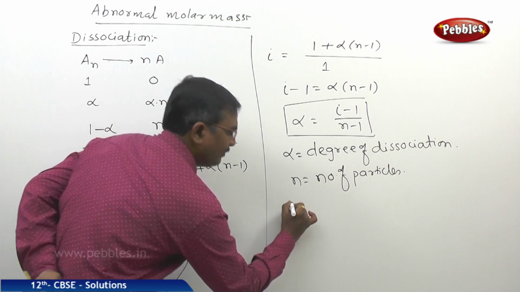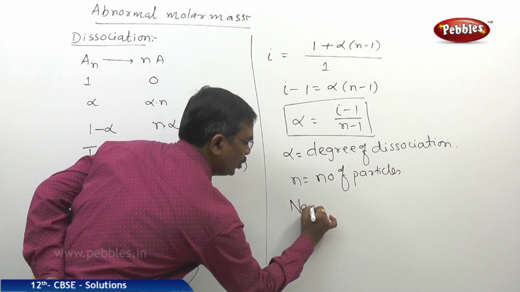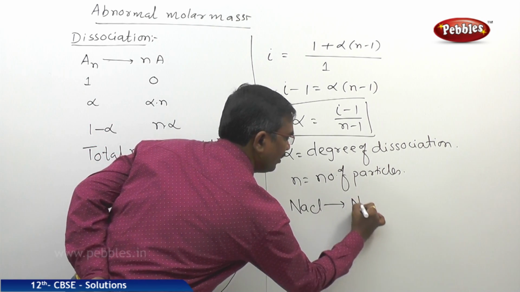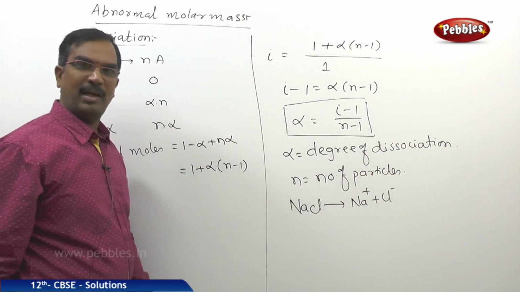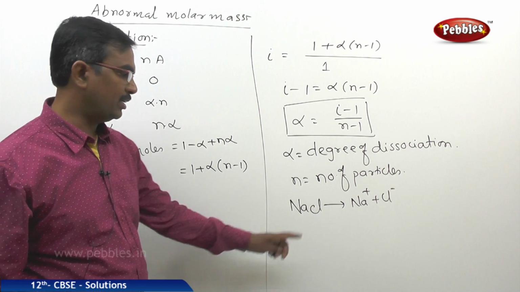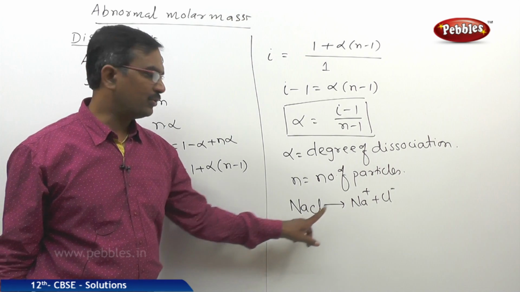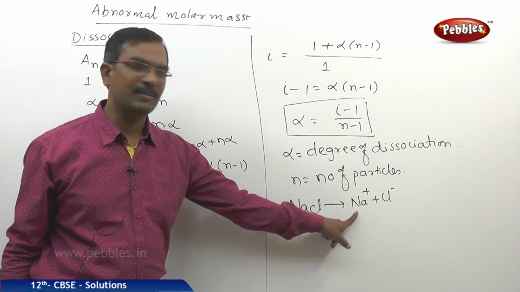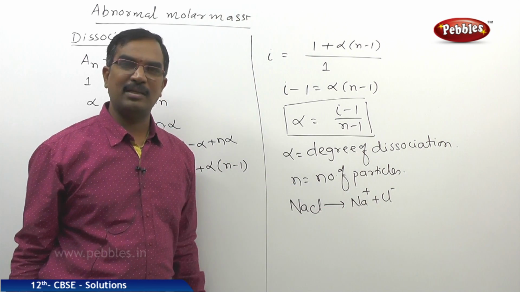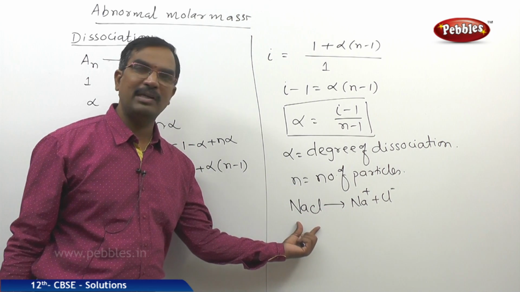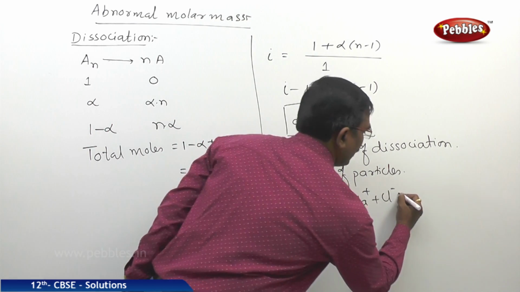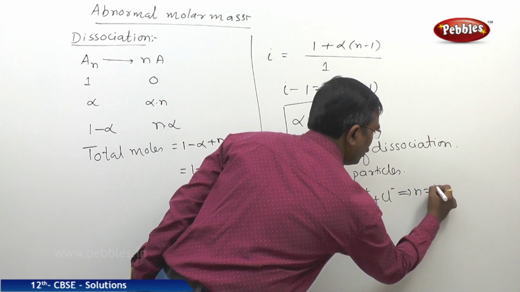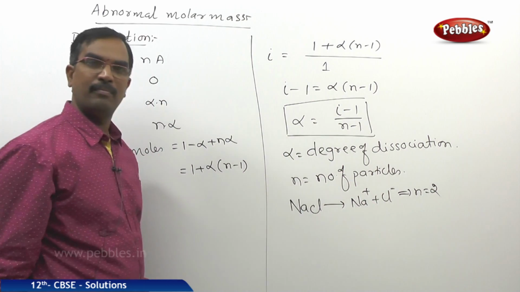For example, if I take sodium chloride, as I told you earlier, 1 mole of NaCl gives 1 mole of Na plus ions and 1 mole of Cl minus ions. If I take a single particle of NaCl, it is able to produce 2 particles. In this case, the value of n is equal to 2.